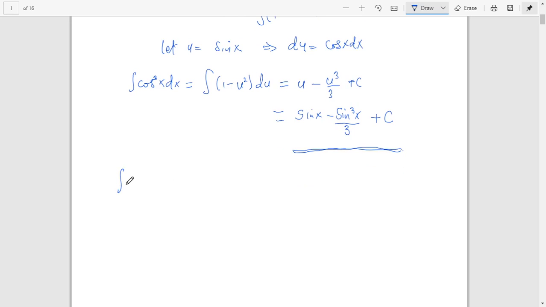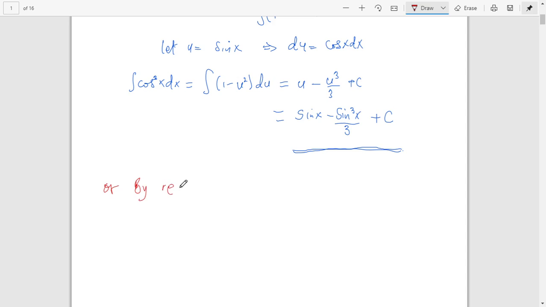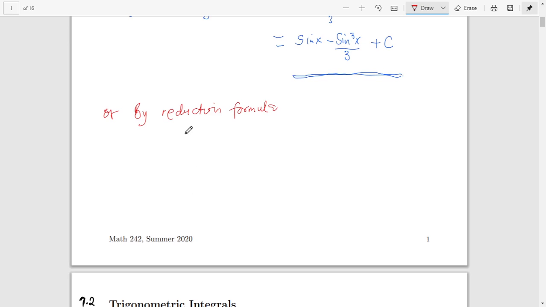Recall that for cosine, we saw by reduction formula that the integral of cosine to the power of n of x dx is equal to 1 over n sine x cosine to the n minus 1 of x plus n minus 1 all over n integral of cosine to the n minus 2 of x dx.